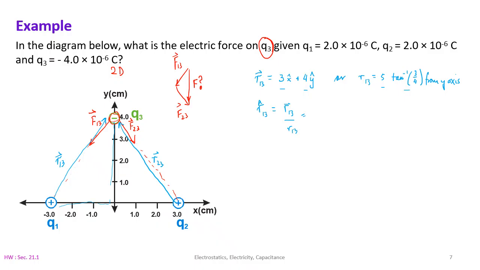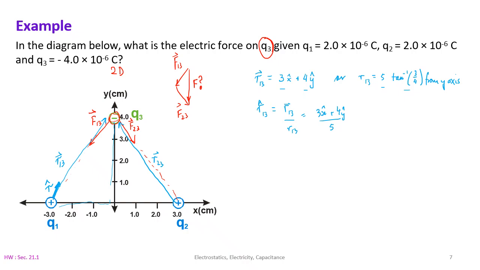So that's 3x hat plus 4y hat divided by the magnitude, which is 5. I'll just draw that over here so you can see what it looks like. That is r hat there. It points in the right direction, but it only has a length of 1.